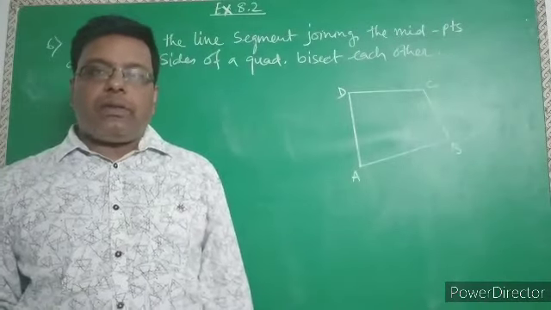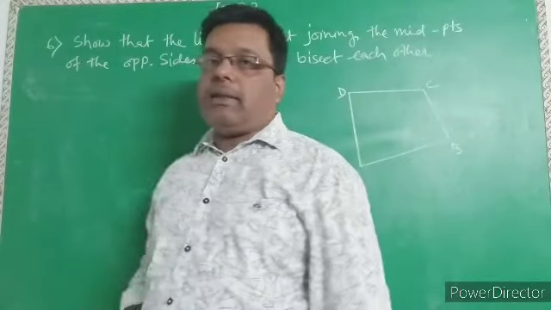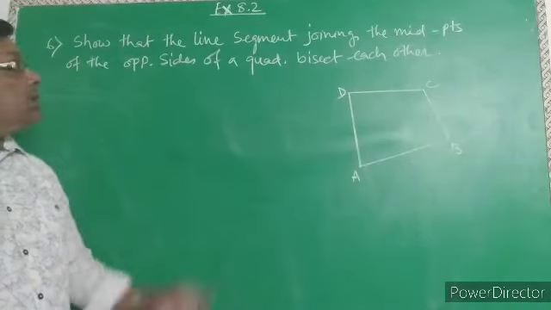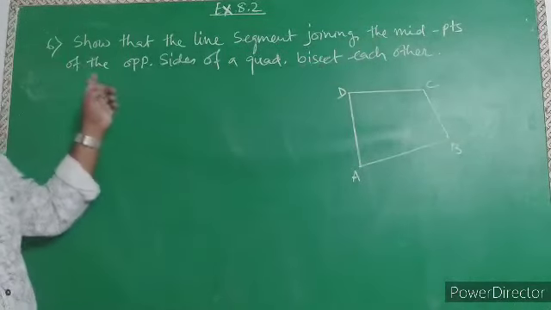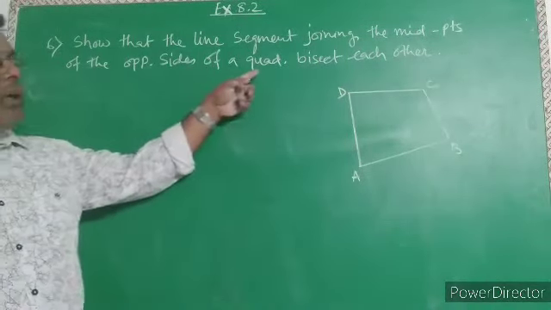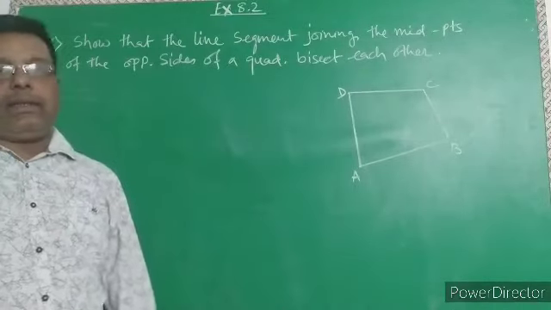So our next question is question number 6. Show that the line segments joining the midpoints of the opposite sides of a quadrilateral bisect each other.